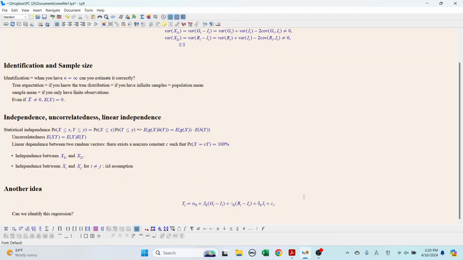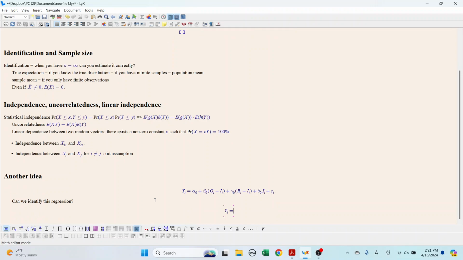I thought about this question, but I thought it could be too difficult. Now I think you can handle this. So guess whether it is identified or not. The answer is yes, it is identifiable. We can identify this even if inflation is already used to calculate the real rate. That causes correlation, but it does not block identification.